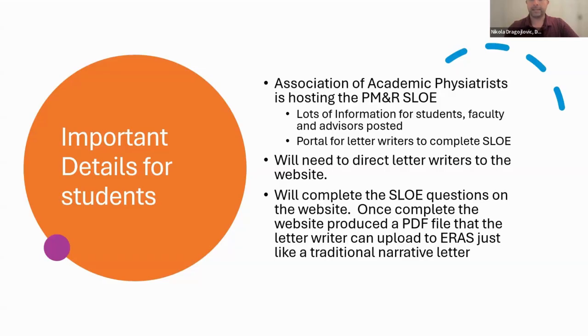So someone was asking about people who are reapplying to PM&R, right? If you are going to be doing an intern year or a research year or something else like that, and you're reapplying to the specialty, should you try to get a SLOE?